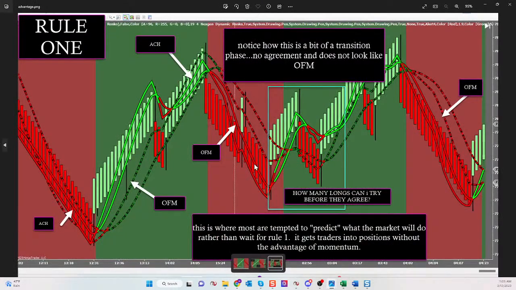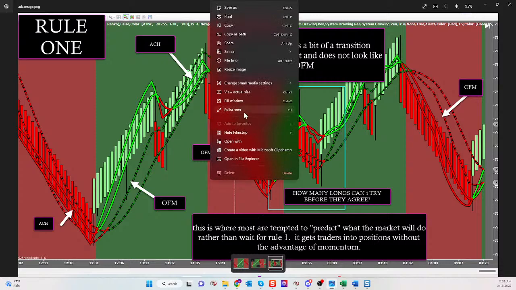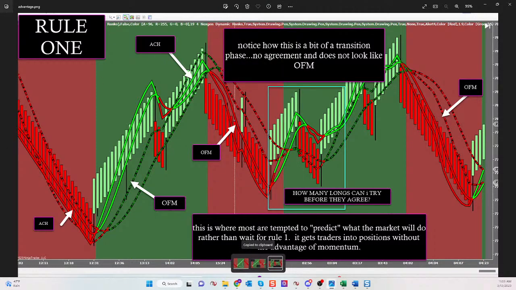Made this picture a while back to help you guys out. This is your rule number 1 picture. I'm going to share it in the room. If you go through that Discord page that John Novak built, you're going to see a lot of the same stuff. Maybe we'll go through it for the last hour. Guys, odds favorable momentum requires that separation between small and large. That's your best look.